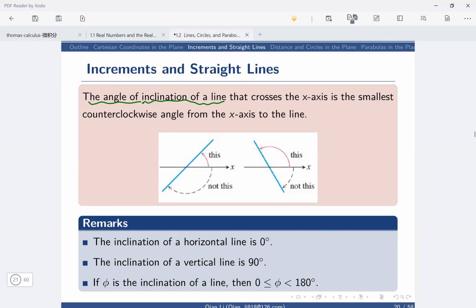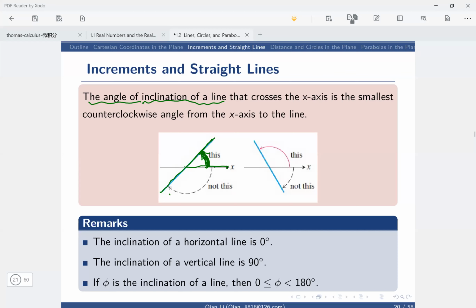this line. Let's see if the line is this line, and the angle of inclination of this line means, if the line crosses the x-axis, we go from the x-axis counterclockwise to this line, and this angle is the angle of inclination of the line, and not this one.